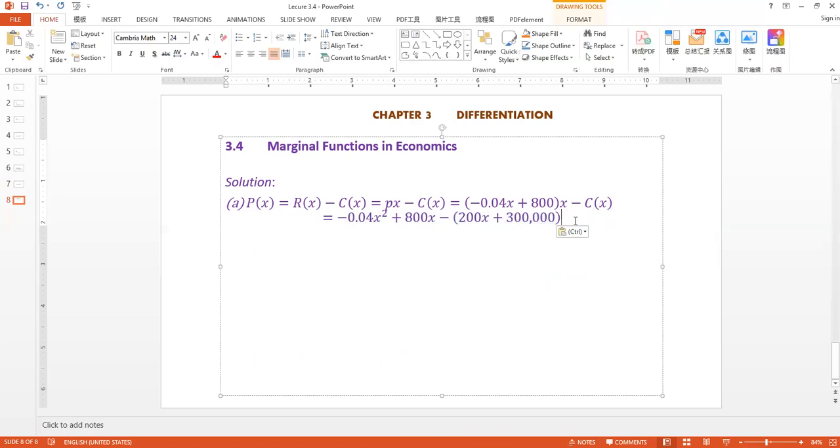All right. So then we can distribute the negative sign in the second part and combine like terms. That will make everything negative in the second part.